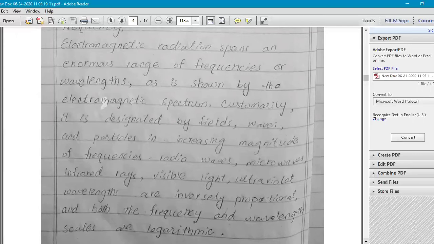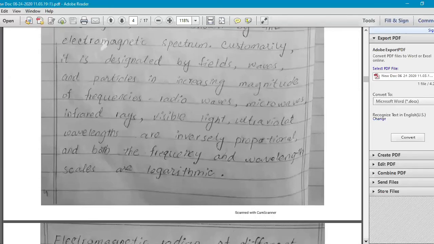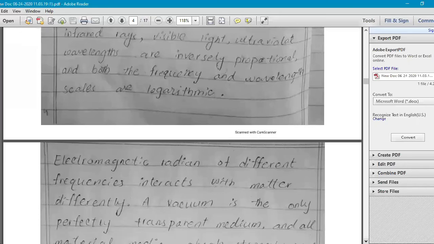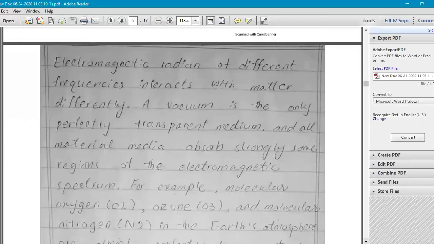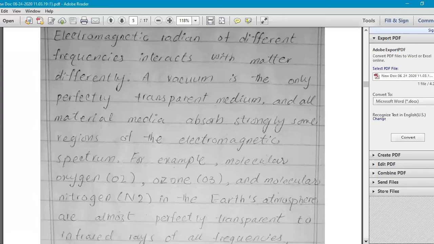Customarily, it is distinguished by the frequency: radio waves, microwaves, infrared rays, visible light, ultraviolet wavelengths, and so on. Frequency and wavelength are inversely proportional, and both the frequency and wavelength scales are logarithmic. Electromagnetic radiation of different frequencies interacts differently with matter.